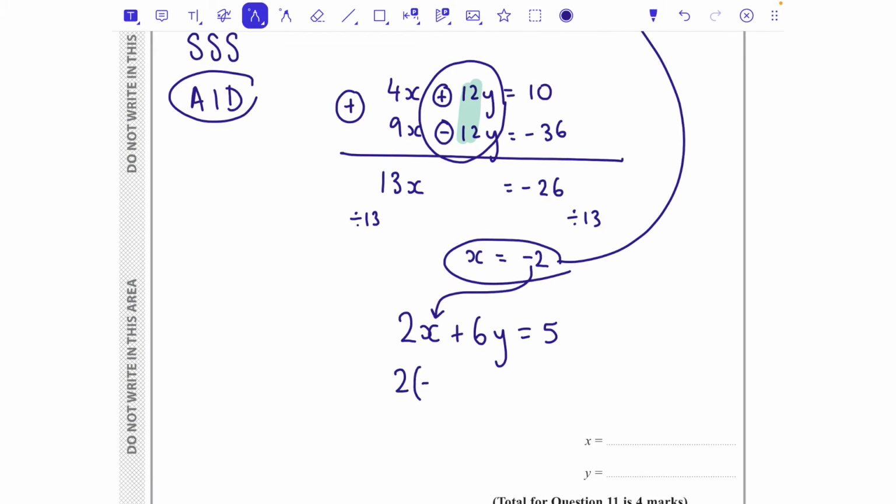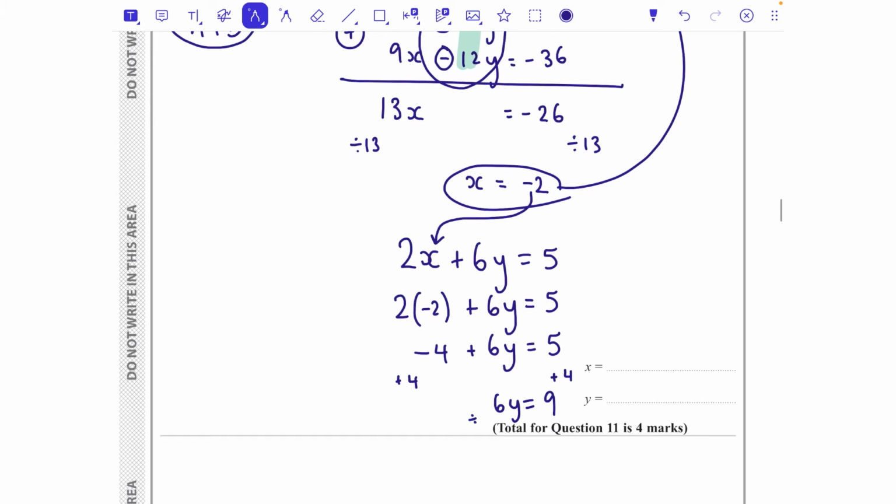So 2 lots of minus 2, add 6y is 5, minus 4, add 6y is 5, add 4 to both sides, and so 6y is 9, and if we divide that by 6, then y is 3 over 2, or 9 over 6, so 1.5. There we go, so x is minus 2, and y is 1.5 for 4 marks.